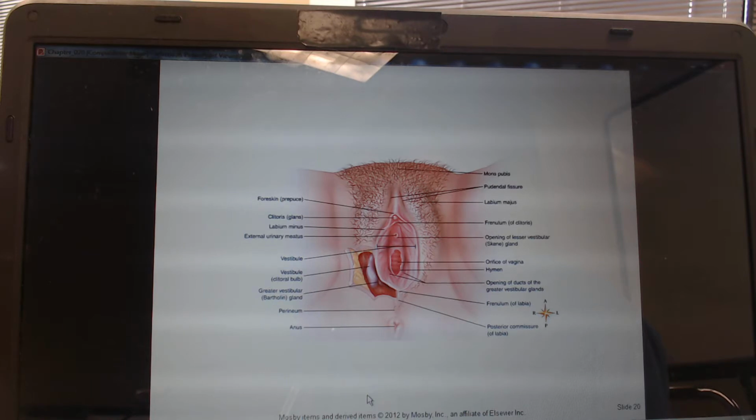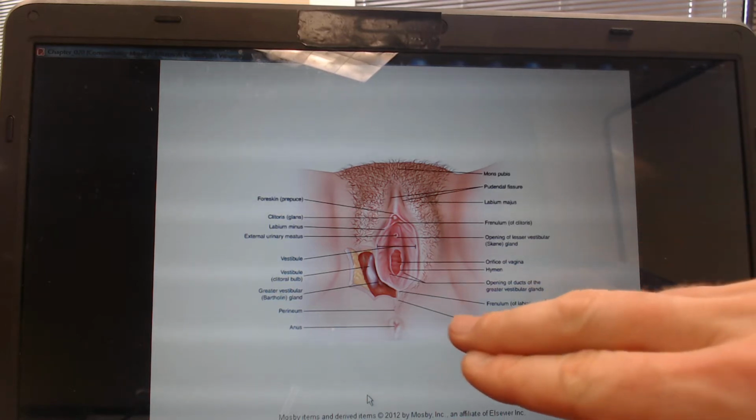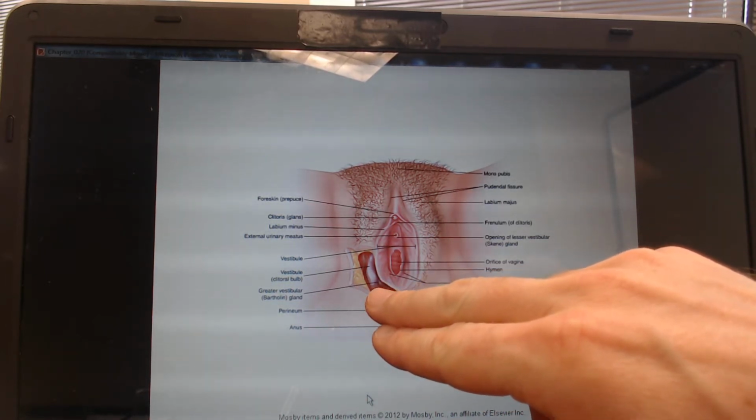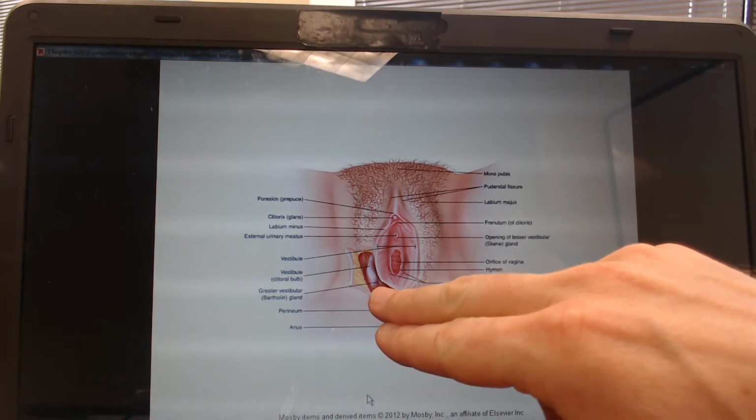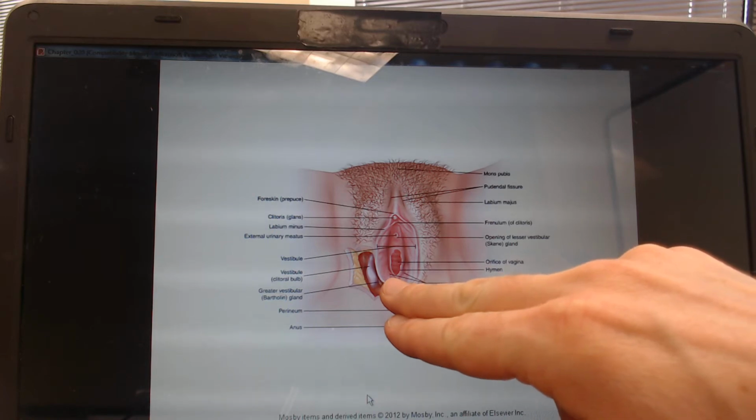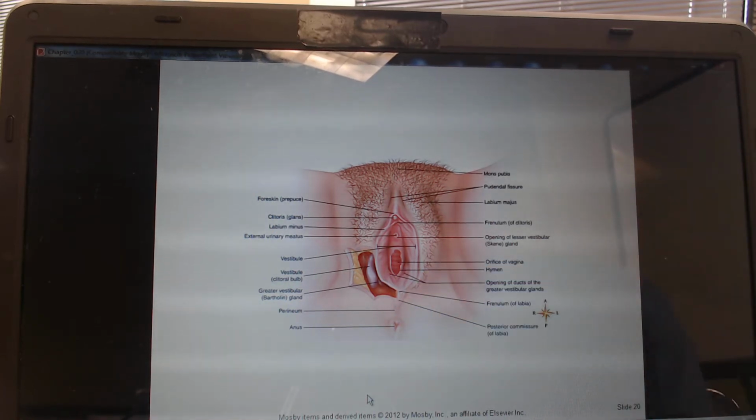So the labia minora is where we would ultimately find the Bartholin glands. Here we can actually see where they have removed the tissue, but that is one of the actual Bartholin glands. And then we have the ducts right there, which are visible just outside of the labia minora.